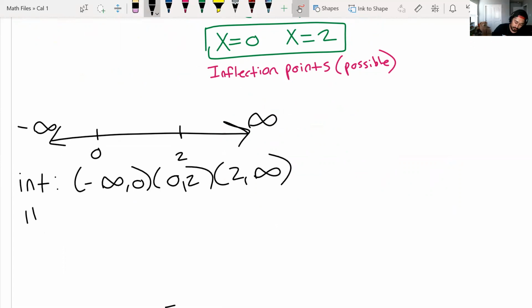Pick your test numbers. From negative infinity to 0, we pick negative 1. From 0 to 2, we pick 1. From 2 to infinity, we pick 3.